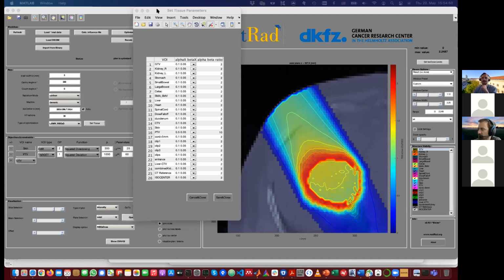Exactly, and this would go in the direction of combining biological uncertainties, where you misinterpreted your tissue, with a setup shift, which would be some sort of worst case scenario. But to see what's happening with the dose distribution is still quite interesting.